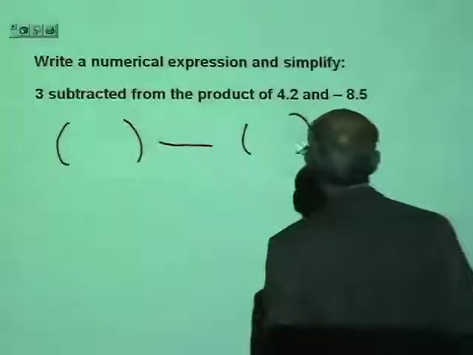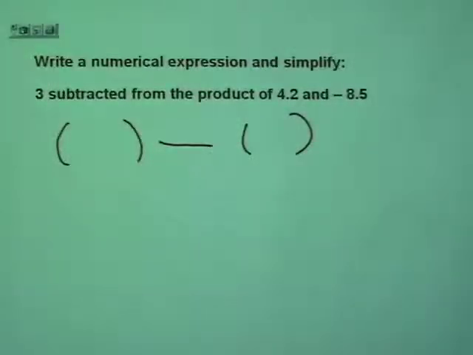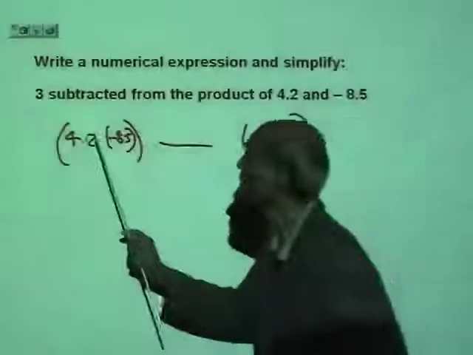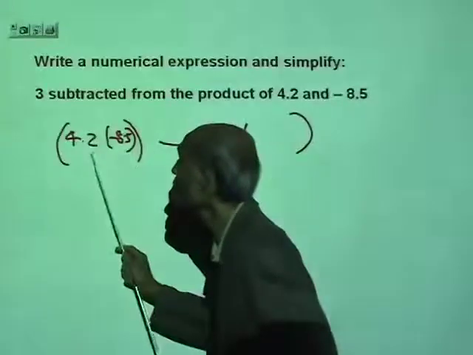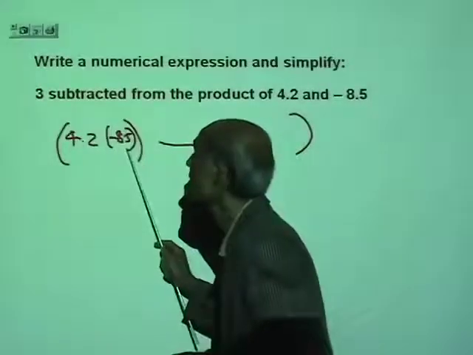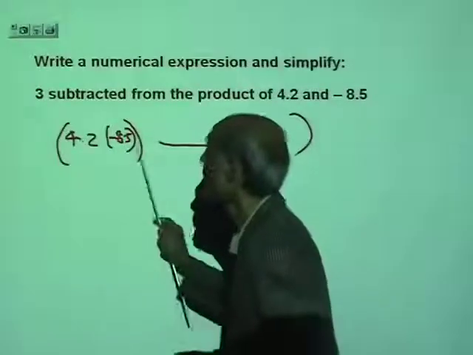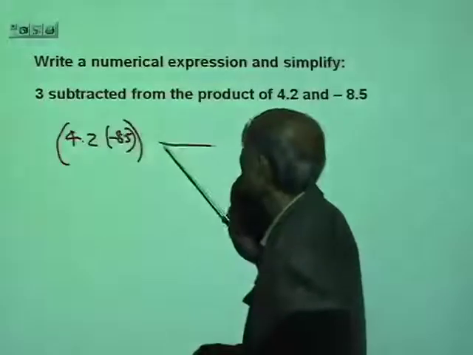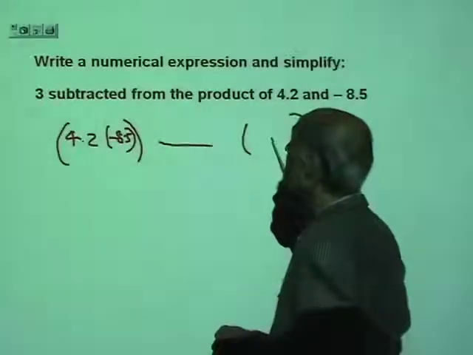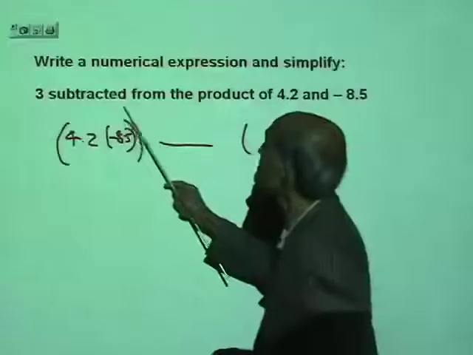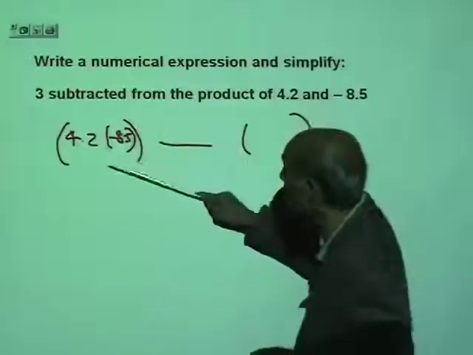So how will I write it there? What is the product of 4.2 and negative 8.5? So this is how you write the product: 4.2 times negative 8.5. Get that result and then subtract 3 from there. 3 subtracted from.